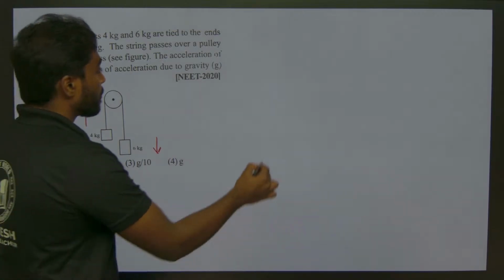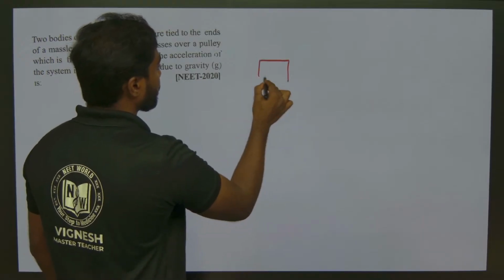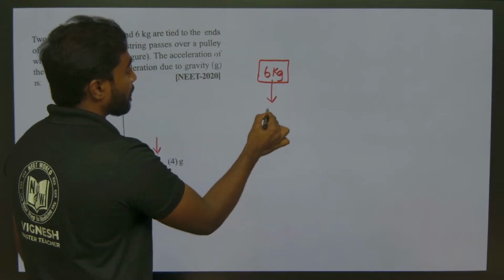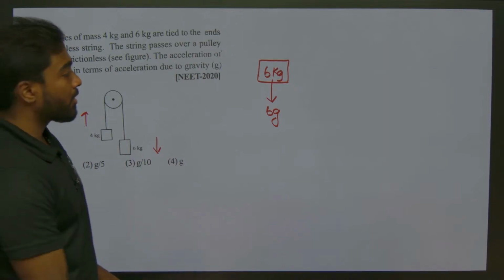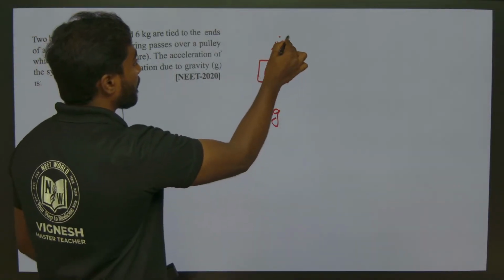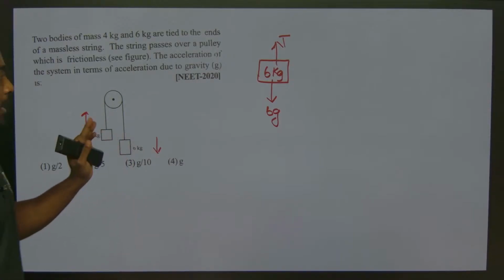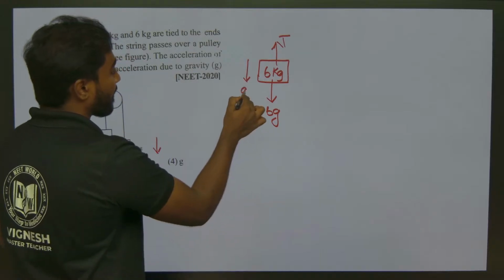Right? So let me take the 6 kg block first. The 6 kg block has a weight of 6g, and the tension will be there. Both are on the same rope, so the same tension, T. The 6 kg block is going down with acceleration a.